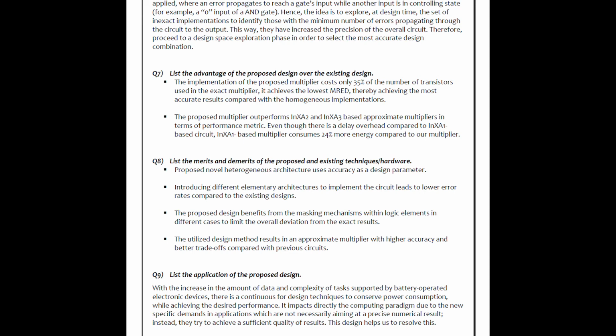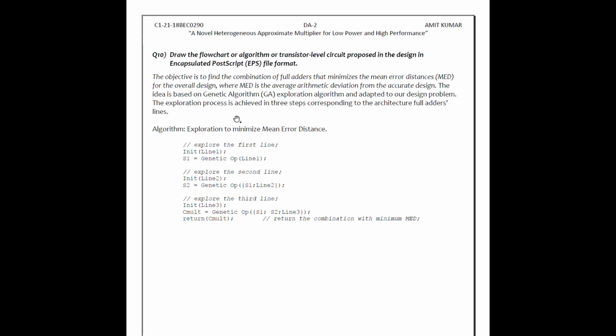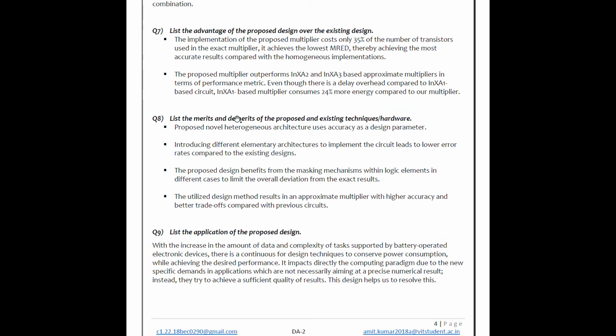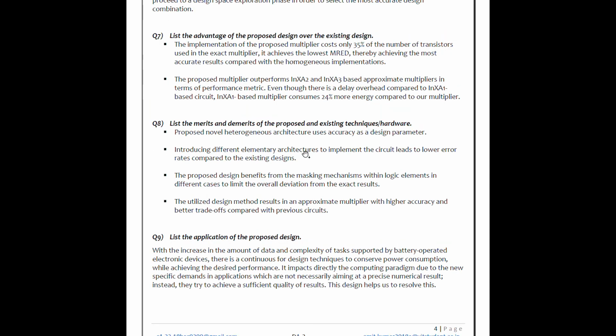And even though there is a delay overhead compared to the in XA1 based circuit, the in XA1 based multiplier consumes 24% more energy than the proposed multiplier.